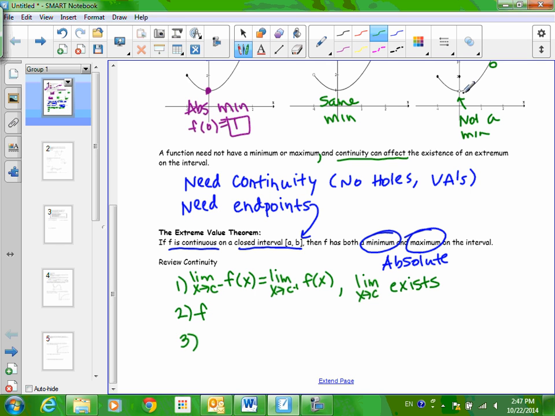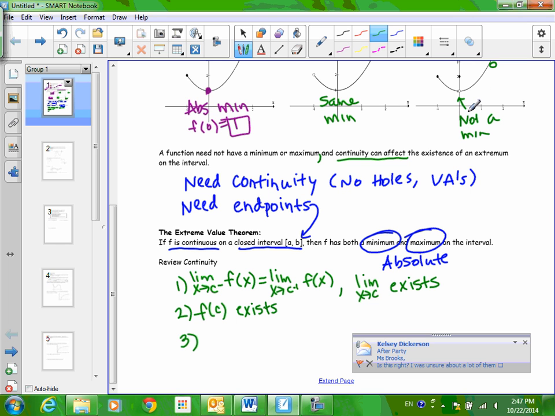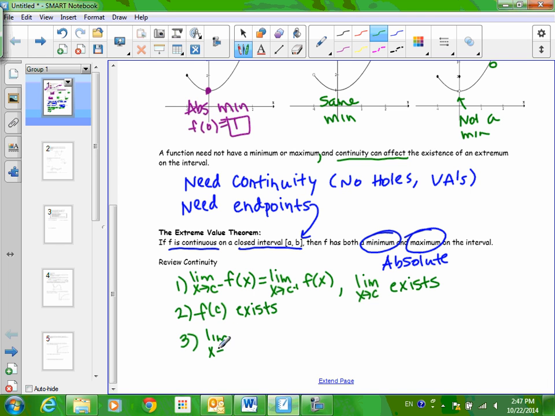Look right up here. We have a limit around that hole, okay? But the point has to exist. And hey, the point even exists up here. So what's the deal? What's the third thing? They have to equal each other. So the limit as x approaches C of f of x has to equal f of C. So that was just a quick review of continuity.